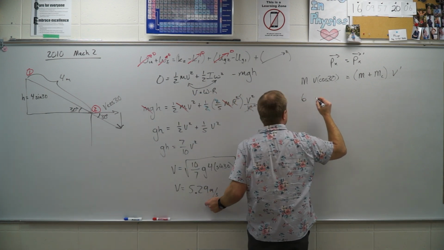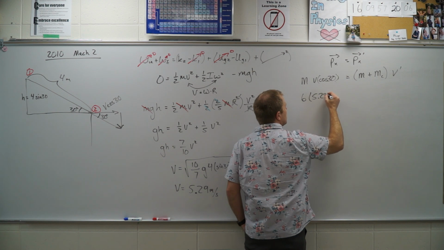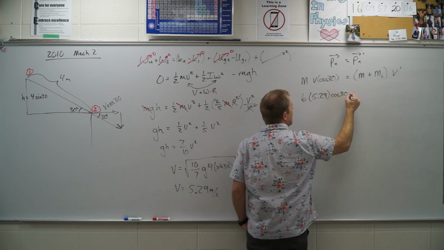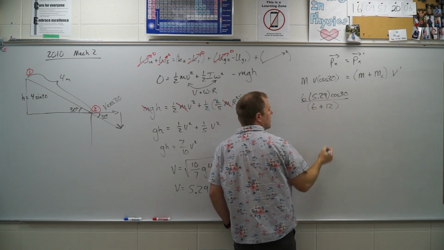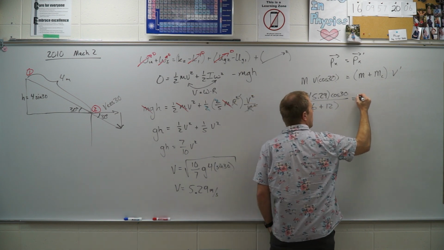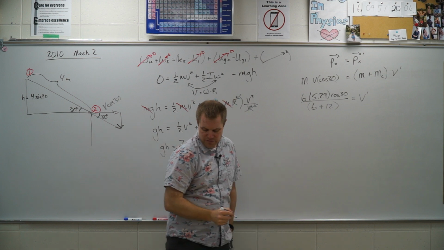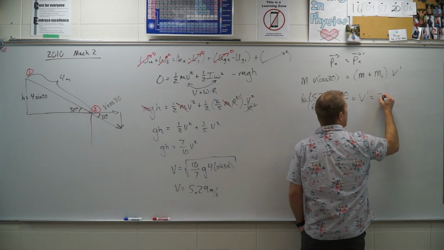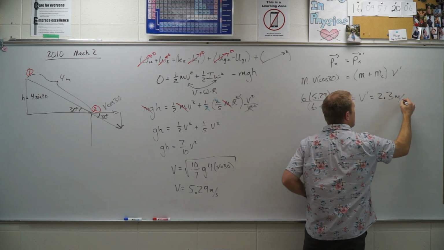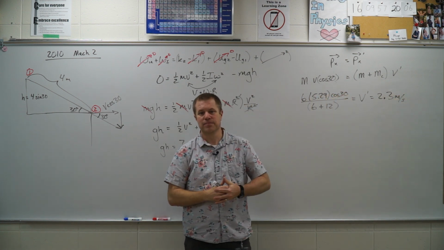I know this velocity, it's 5.29 cosine of 30, all divided by 6 plus the mass of the box and cart combined, which was 12, will give me my final velocity. And so that final velocity comes out to be 2.3 meters per second. There you go.